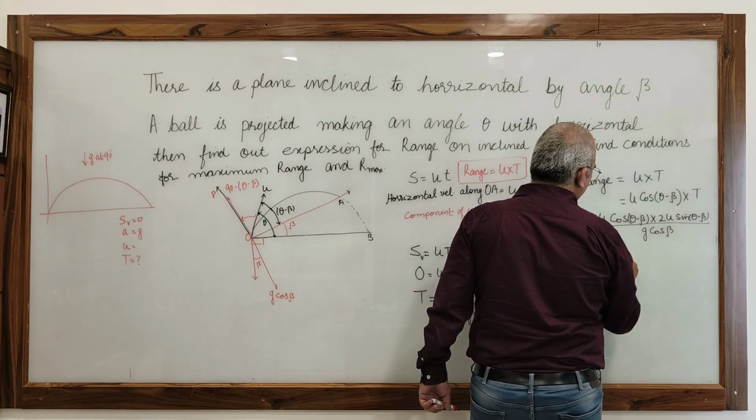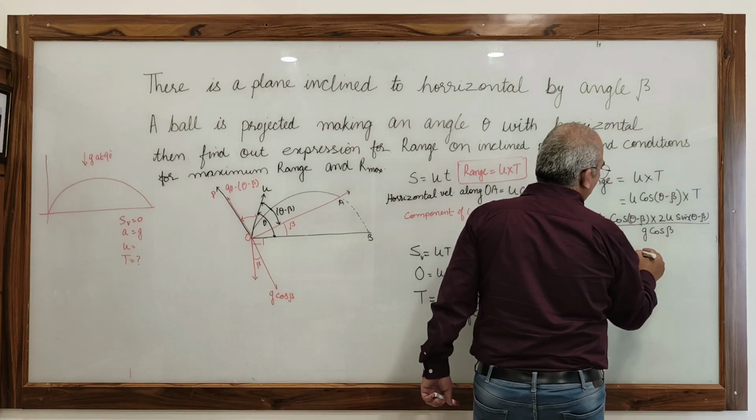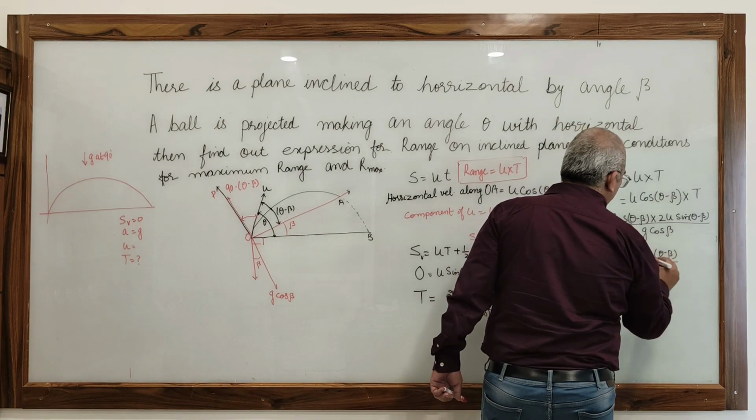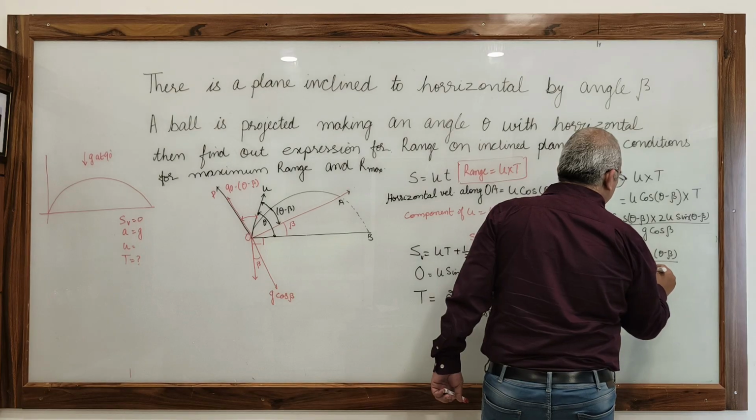We are going to simplify this: range equals u square sin 2(theta minus beta) upon g cos beta.